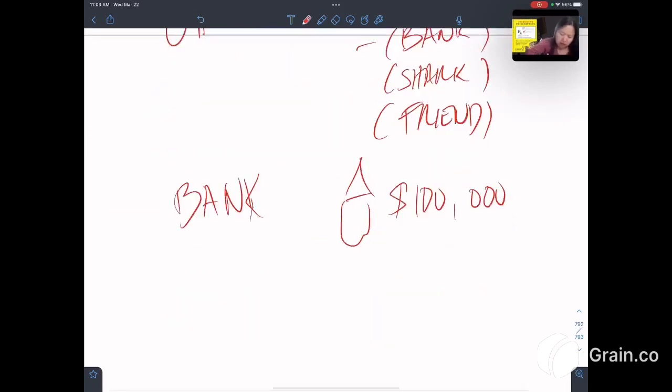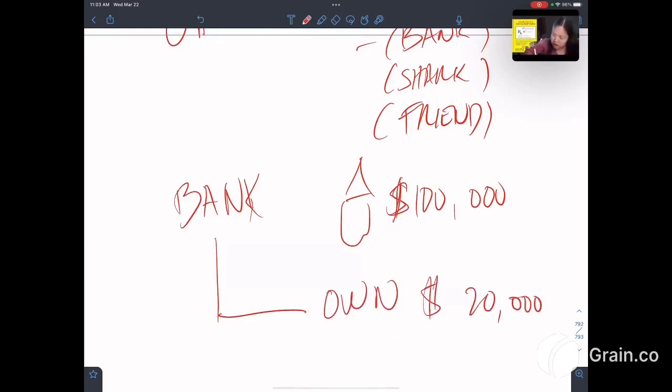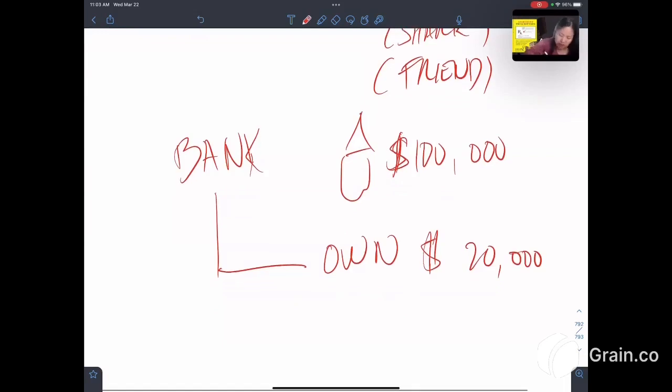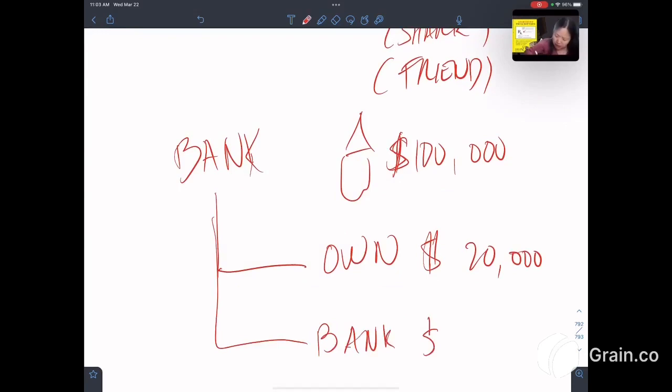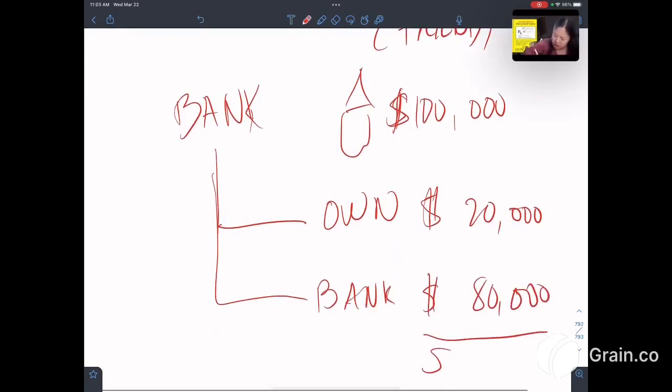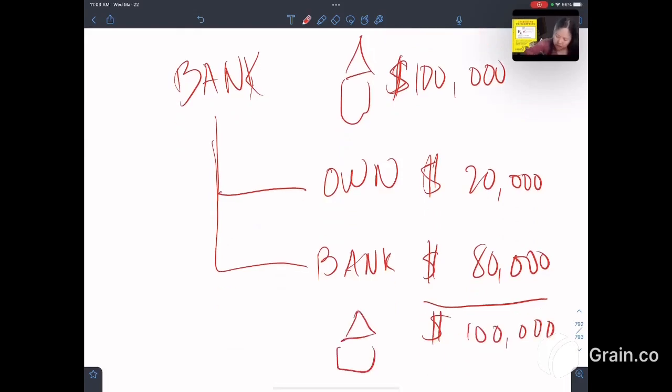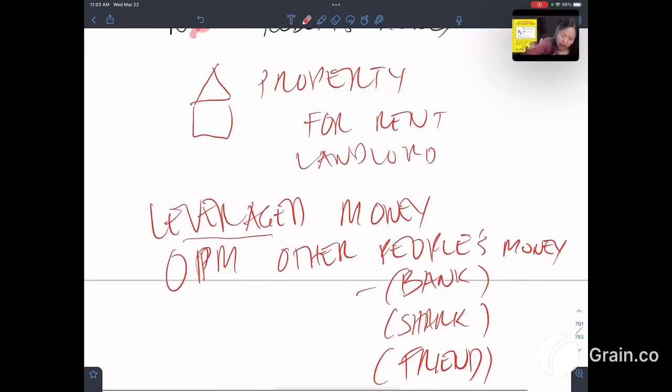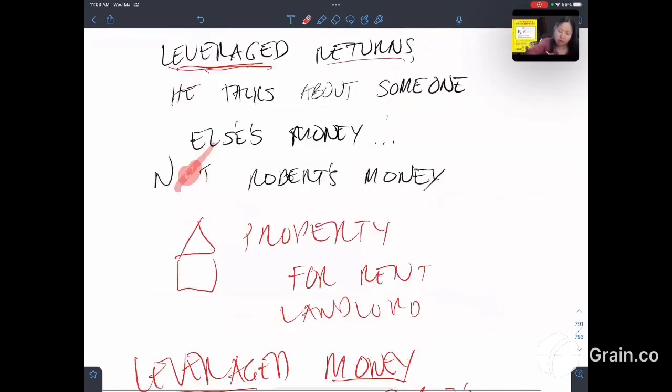Now you go to the bank and say, hey, Mr. Banker, I want to buy this 100,000 worth of property. What I will do is put up my own money of 20,000. Usually it's 20%. And the bank's money is $80,000. So that's how you're able to buy the $100,000 property. That is what it's called, leverage money or other people's money.